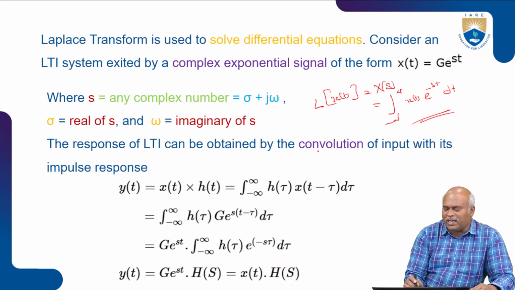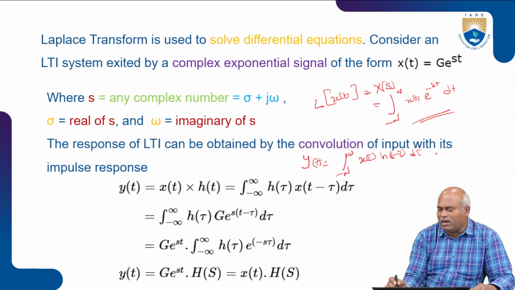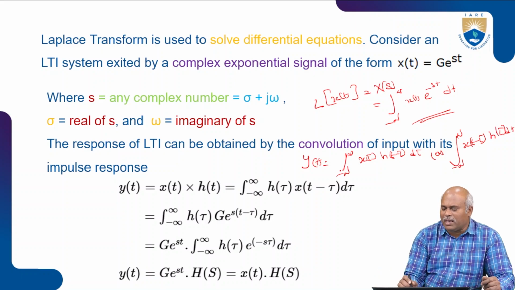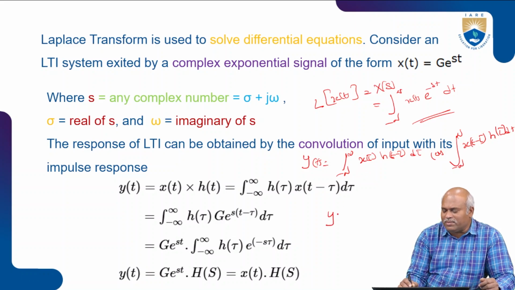In the convolution theorem, we wrote y of t is equal to the integration from minus infinity to plus infinity of x of tau h of t minus tau d tau, or the integration of x of t minus tau h of tau d tau. This is the convolution equation, or y of t is equal to x of t star h of t.